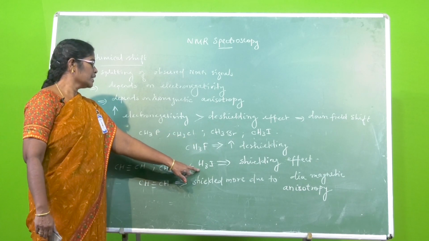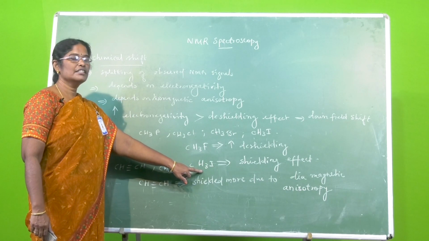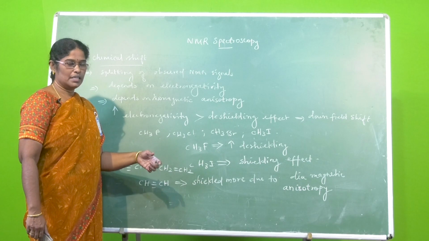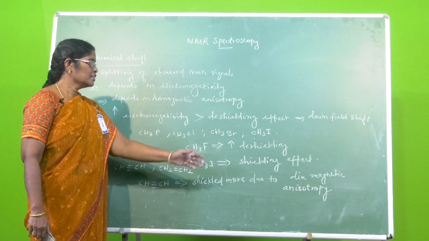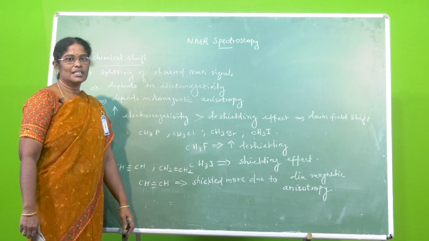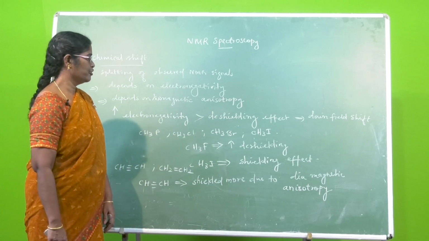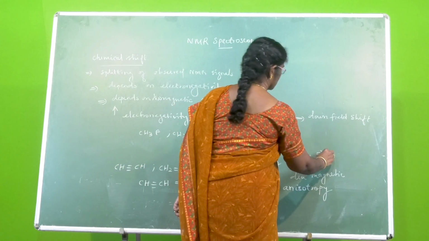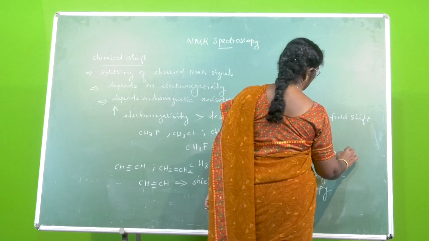Methyl iodide, comparatively lesser in its electronegativity parameters, will be shielded. In other words, we say that it will be more efficiently shielded and will have an upfield shift. So this system of shielding will have an upfield shift of delta values.